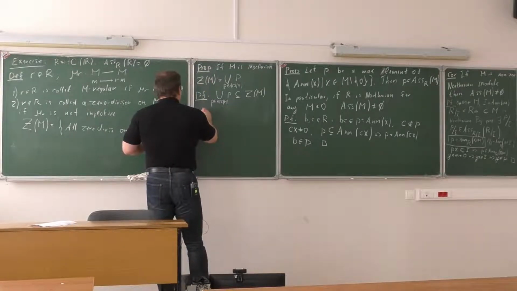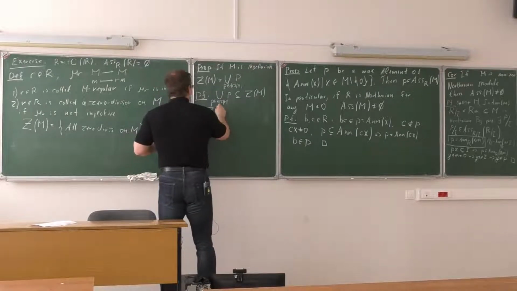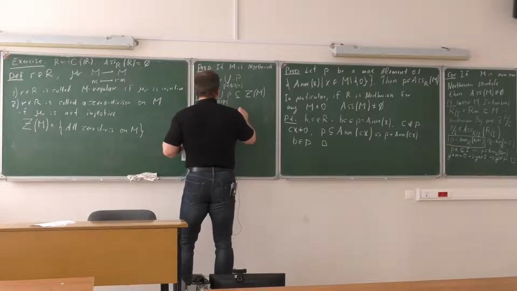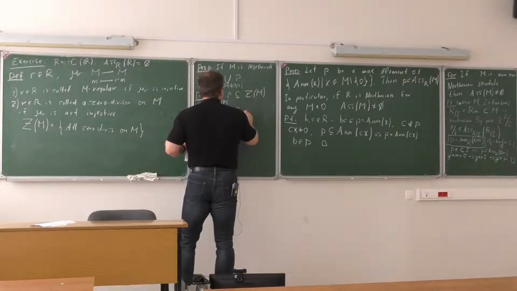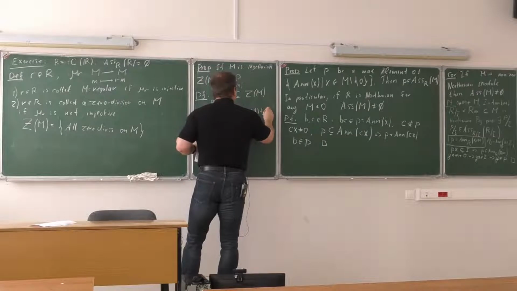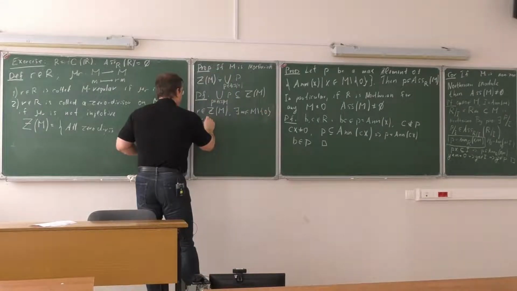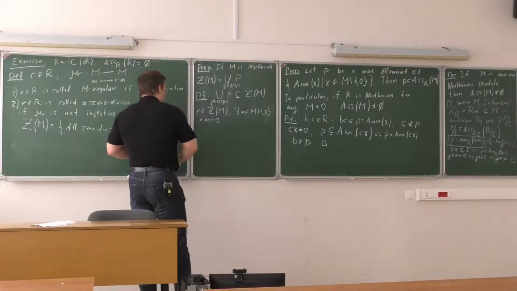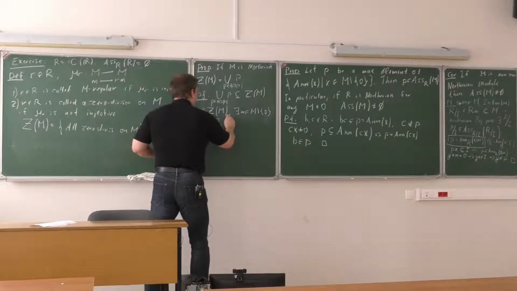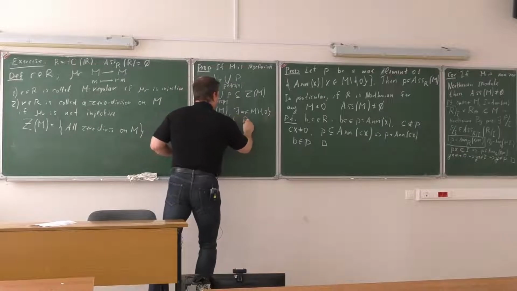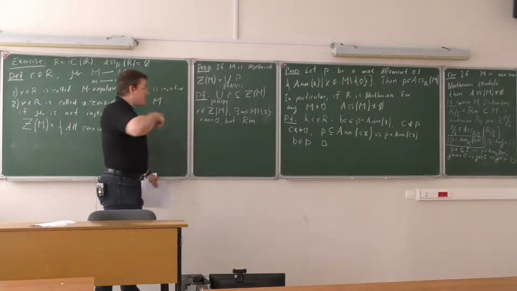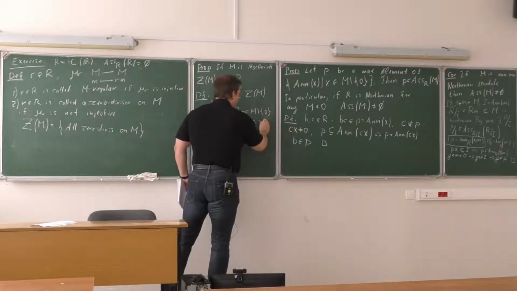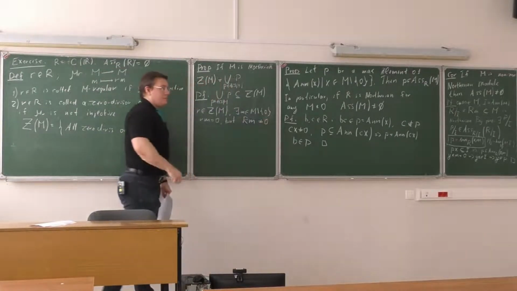Let's take some r, which is a zero divisor on the module M. So there is an element m in M without 0, such that rm is equal to 0. But if I consider the cyclic module Rm, since I assume that element m is not 0, I can claim that this module is not a zero module.